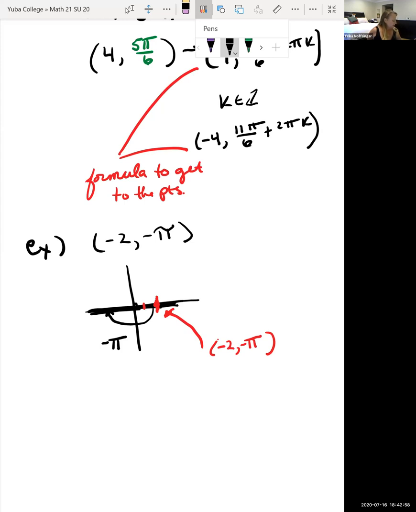Okay, so plot each point in the polar coordinate. Find the other polar coordinates, r theta, of the points for which r is greater than 0 and theta is between -2 pi and 0.